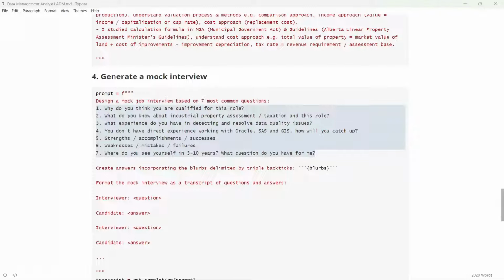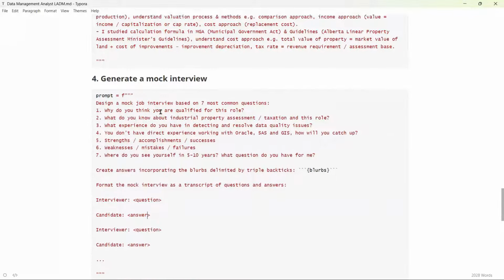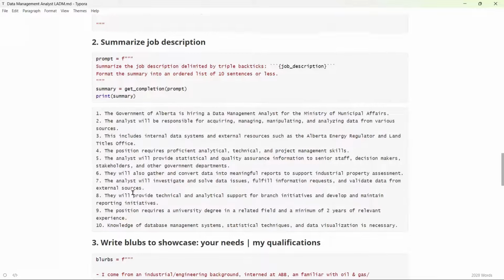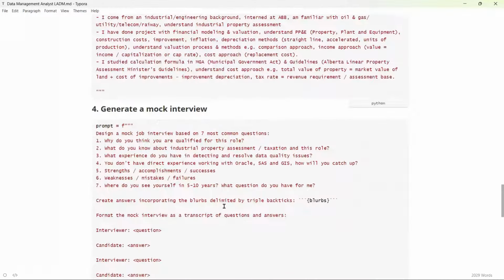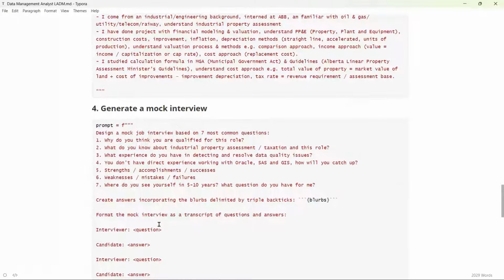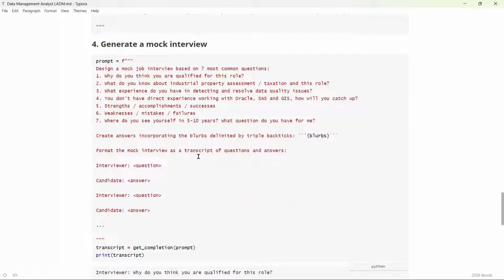Okay. All right. So this is the instruction to ChatGPT. Create answers incorporating the blurbs, delimited by triple backticks. And format the mock interview as a transcript of question and answers.